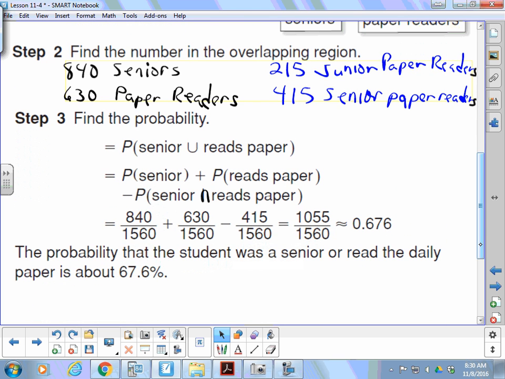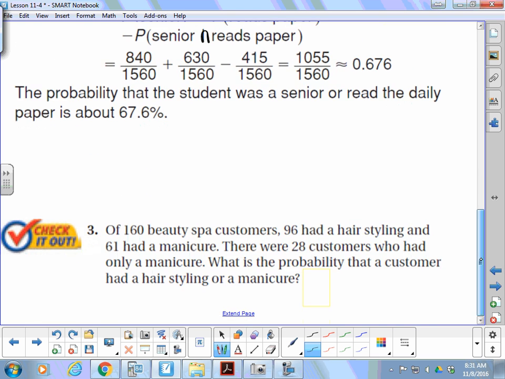So approximately 67.6% of the students are seniors or read the daily paper. All right, so that's where it gets a little tough putting those together. All right, let's see if you can do it with this one then.